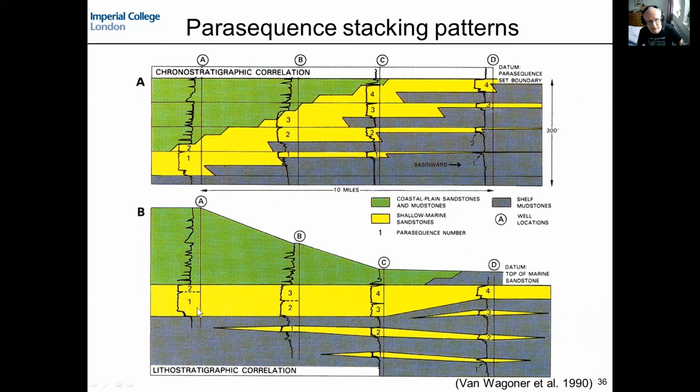So this doesn't make geological sense. If we go from shelf-formed mudstone, so relatively deep water, into shallow marine and then back out into shelf-formed mudstone again, that doesn't give us a consistent sense of moving from the basin margin to the basin center. So this doesn't make sense geologically.